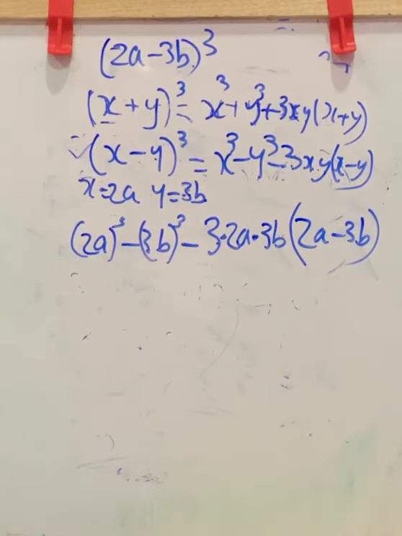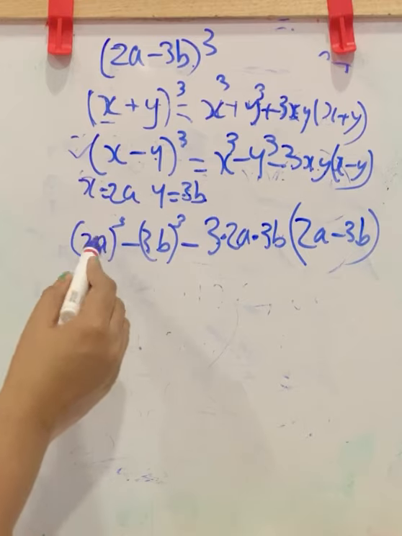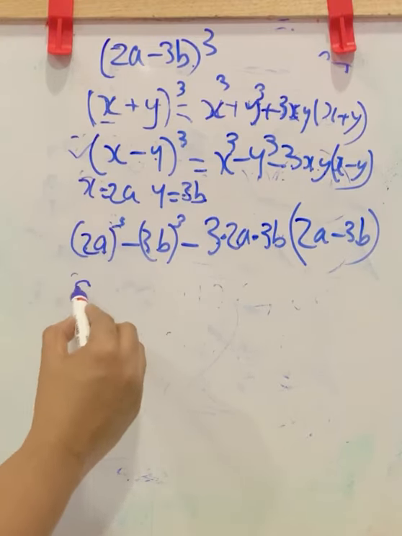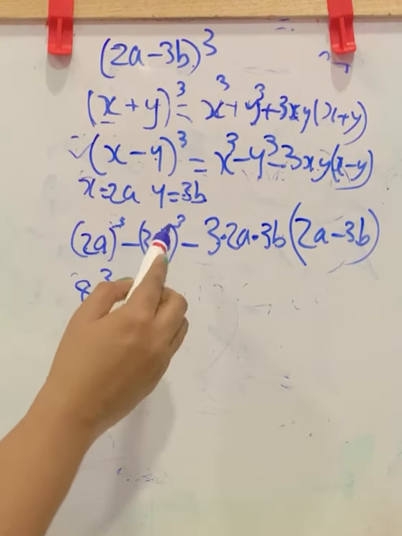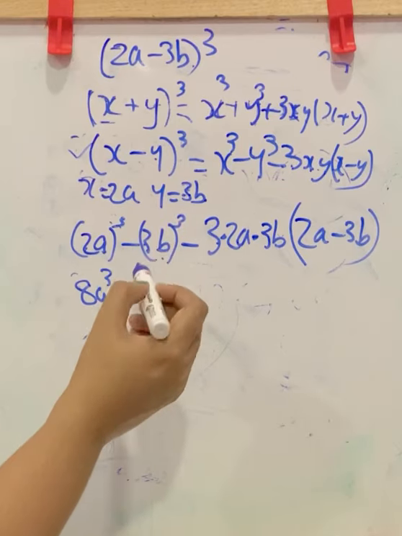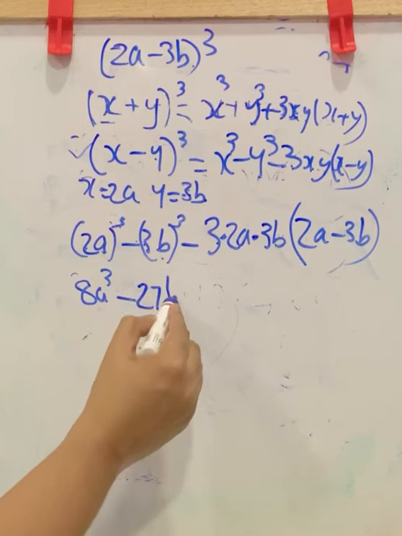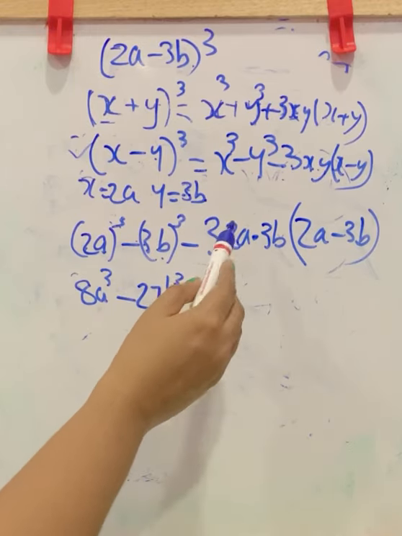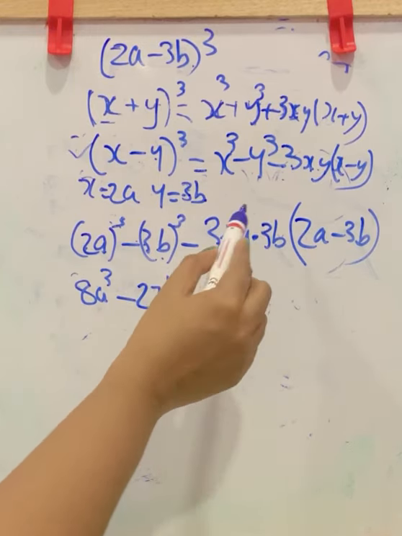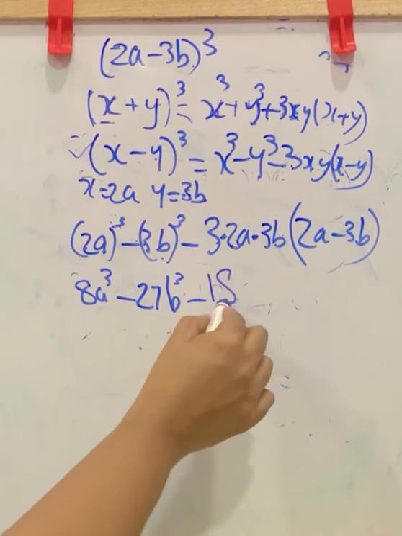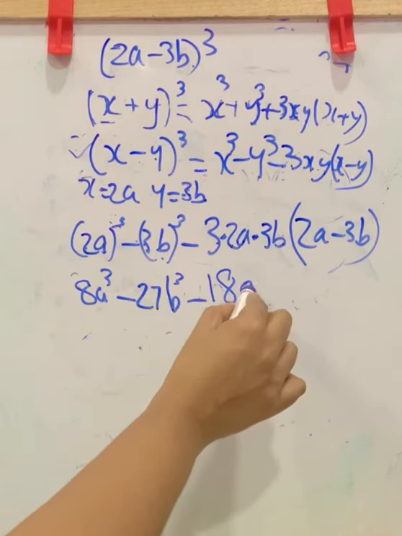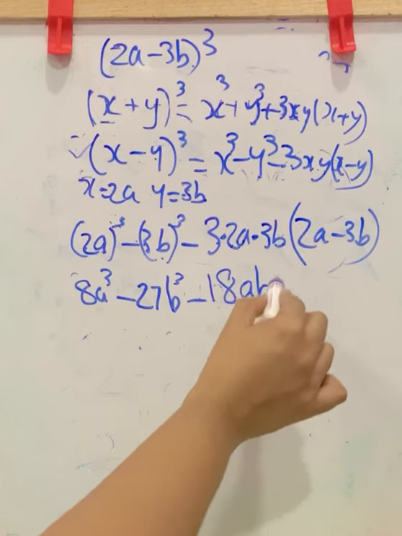Close the bracket. Now this becomes 2 cube and a cube, that is 8a cube minus 3 cube and b cube, that is 3 cube is 27, b cube is b cube itself, minus 3 2s are 6, 6 3s are 18, 18 a into b, that is product of variables ab.